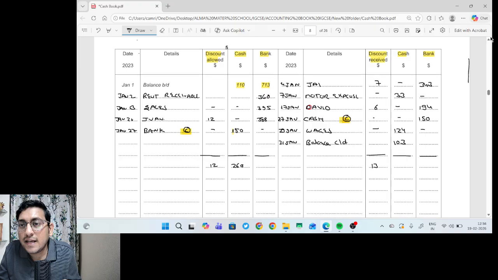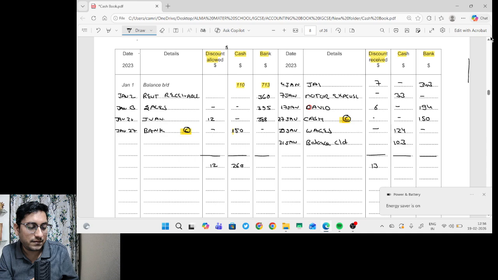And for bank, we have to check both sides first because the higher may be debit, the higher may be credit. So please check which balance is higher. 713 plus 360 of debit side plus 395 plus 300 and 388.